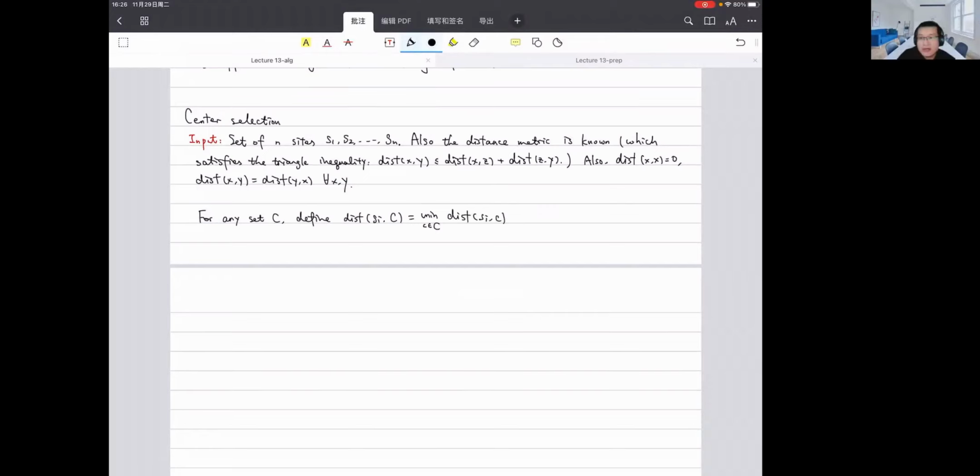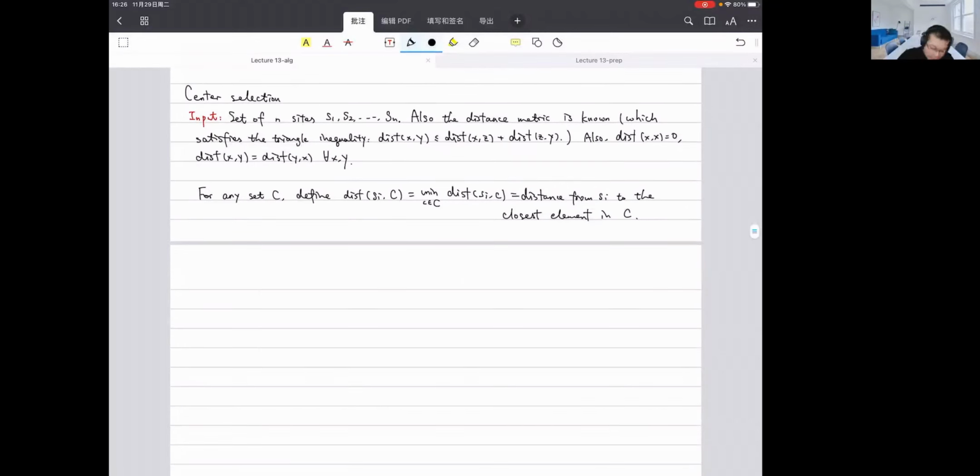In particular, as long as we have a site S_i and another set C, we take the distance from S_i to the closest element of C. So as long as we have a set, we can have this kind of definition.